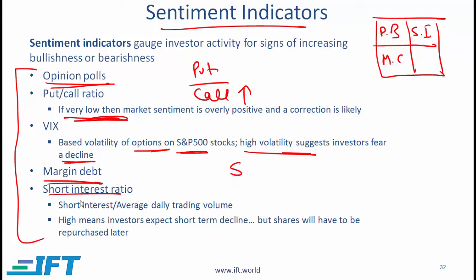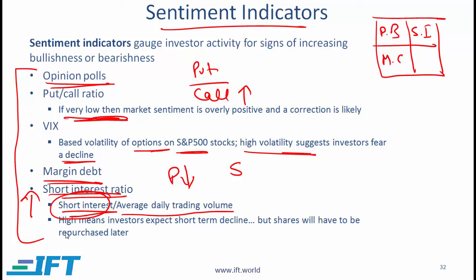Short interest ratio is the number of shares that investors have sold short divided by the average daily volume. Investors sell short when they expect the price to go down. So if the short interest is high relative to the average daily volume, this means that investors are expecting prices to go down.